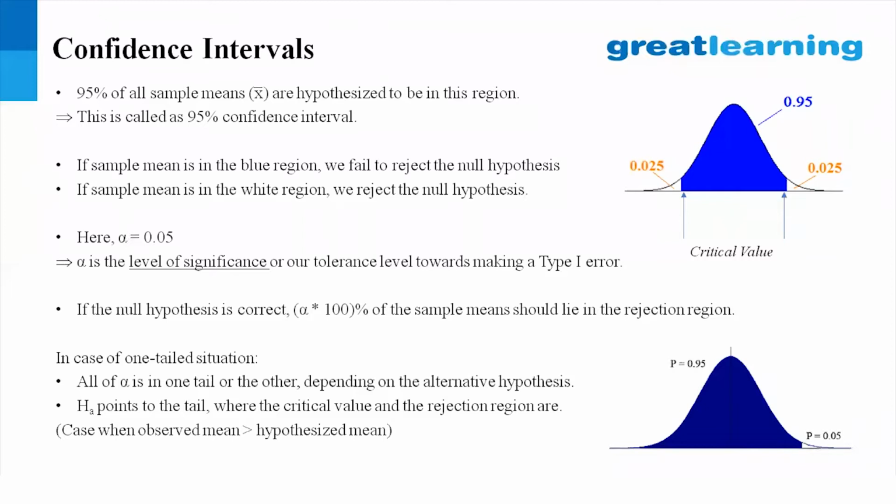The blue is the acceptance region, the white is the rejection region. So your alternative hypothesis will be on the right-hand side: that the mean is greater than a particular value. Wherever the rejection region is, that side only the alternative hypothesis will point.